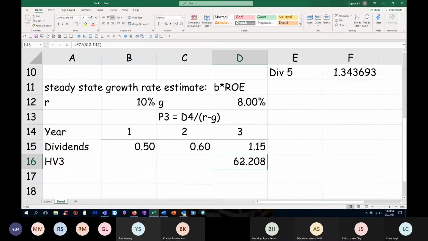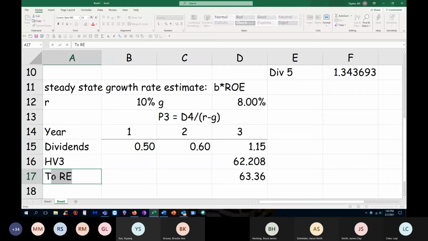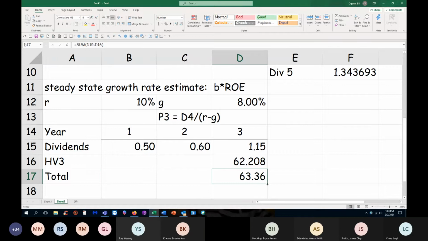So I could discount this 62,208 separately from the $1.15 dividend if I wanted to, but why? So I'm going to add these together. And these are my totals.